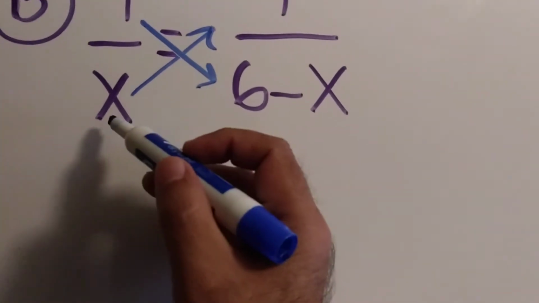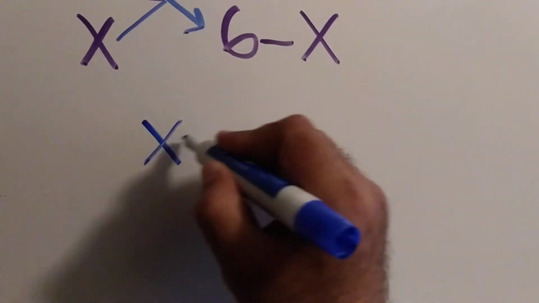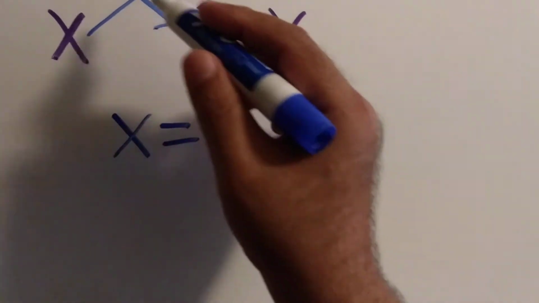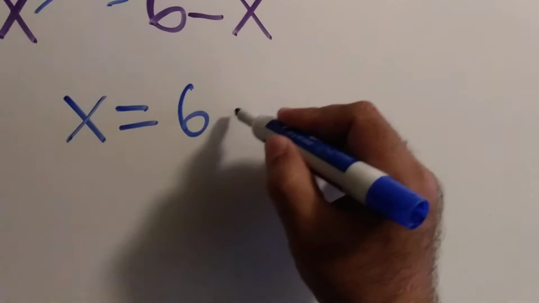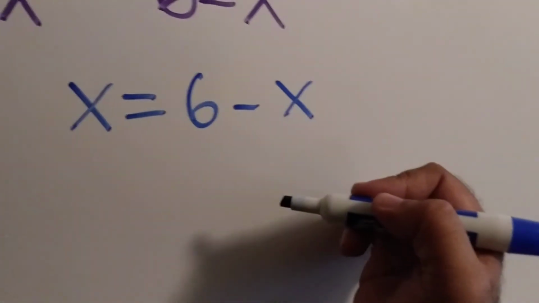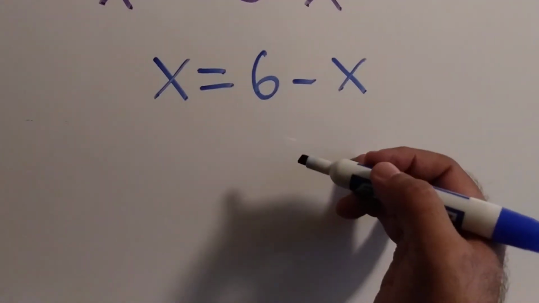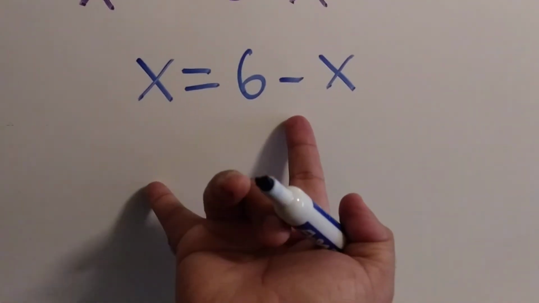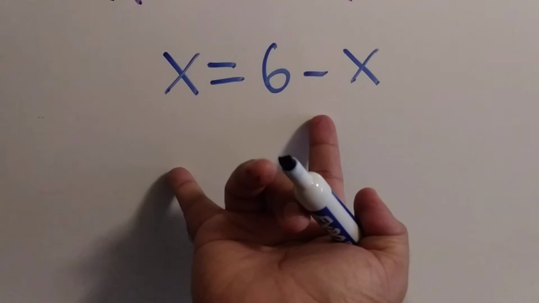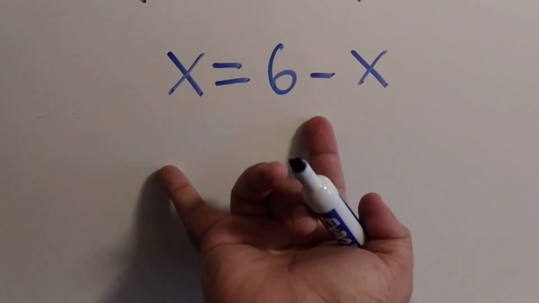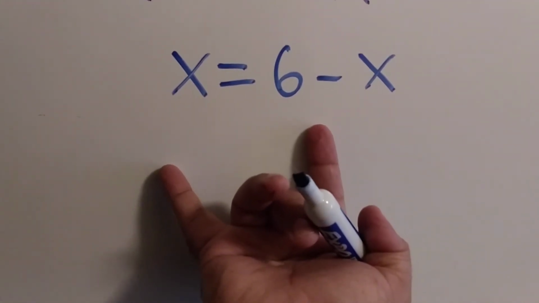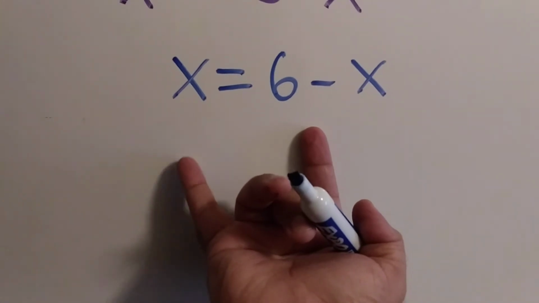So let's go ahead and do x times 1 gives you x is equal to 1 times 6 minus x, so 6 minus x. Now, those of you that were in my class last term, remember that I've mentioned whenever you have variables on both sides of the equal sign, bring the smallest number of x's or variables to the side that has the most.